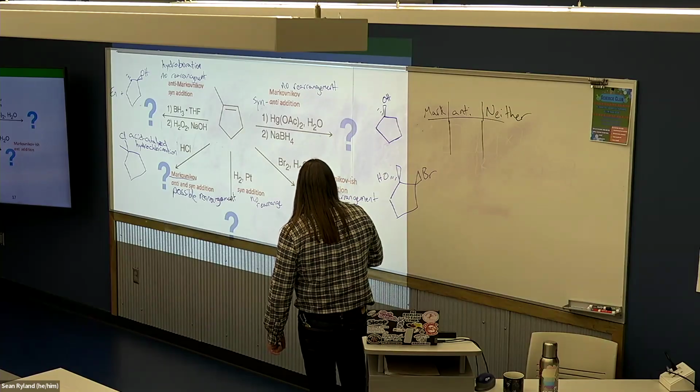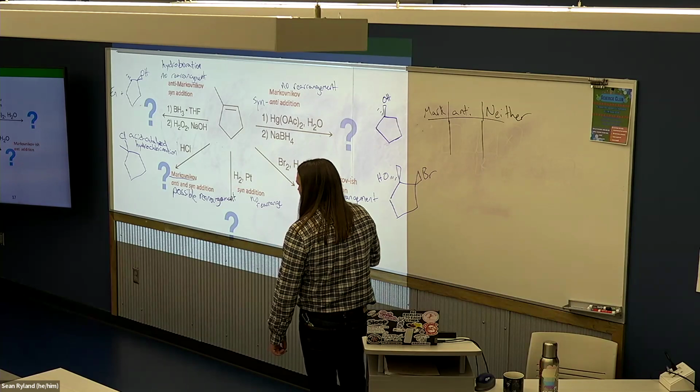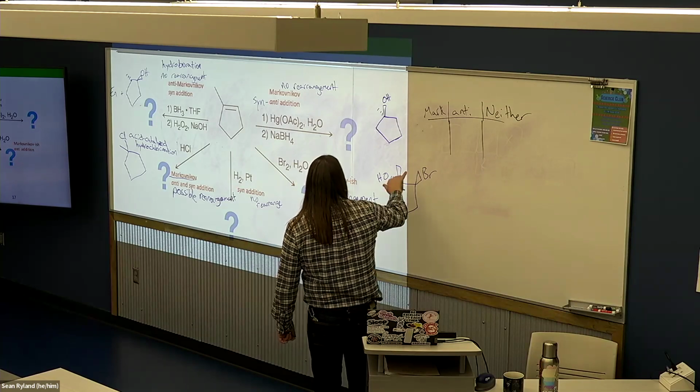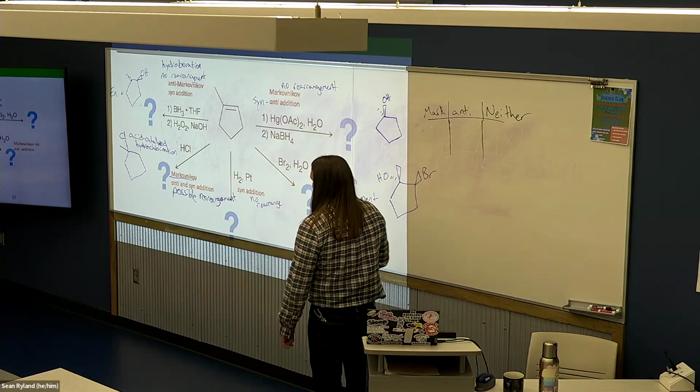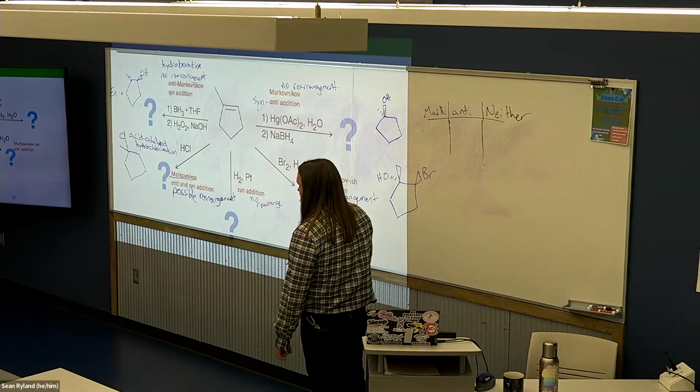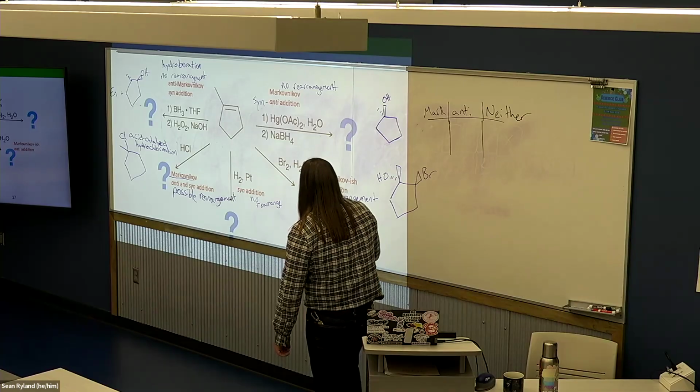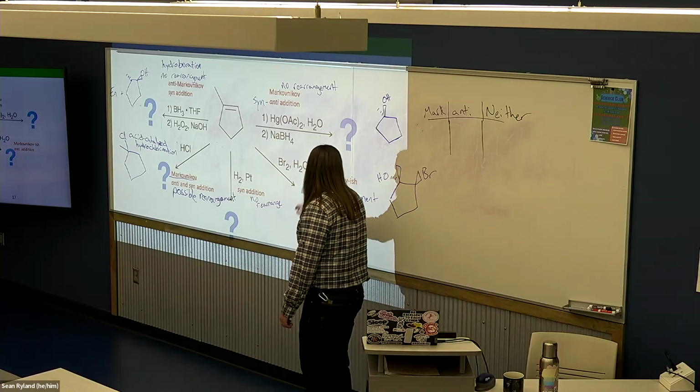Bromine goes on the less substituted side, and the oxygen on the more substituted side. The oxygen and the bromine have to be trans relative to each other, because it's only anti-addition.